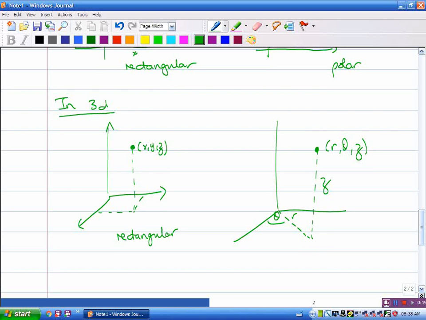You project the point down onto the xy plane. And then you describe where that projection is in terms of polar coordinates, r and theta. And then for your point, you just add the z. So r, theta, z. So it's really the same as polar, just with a sort of height dimension, as it were.